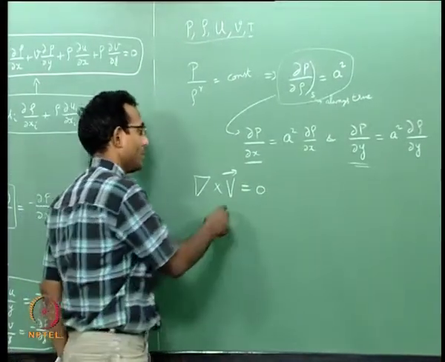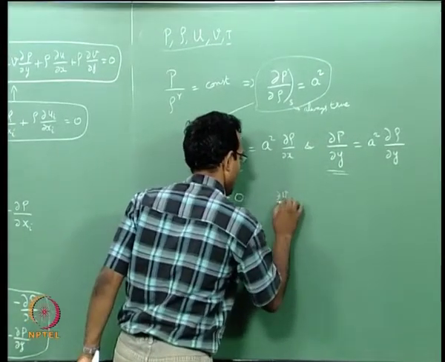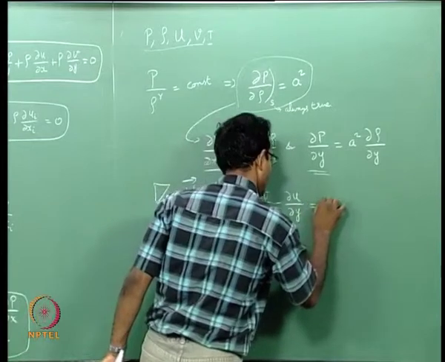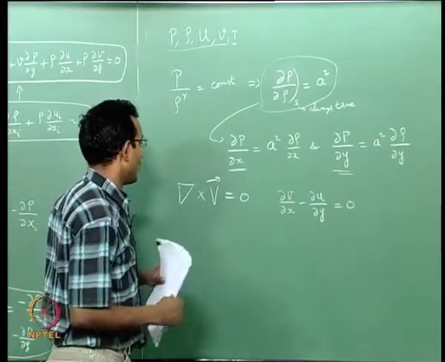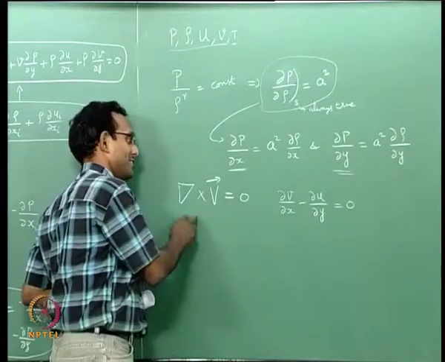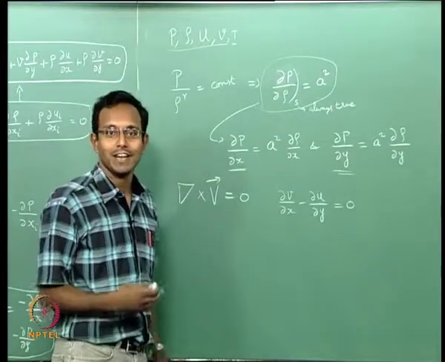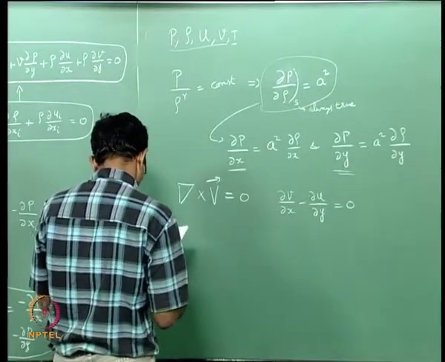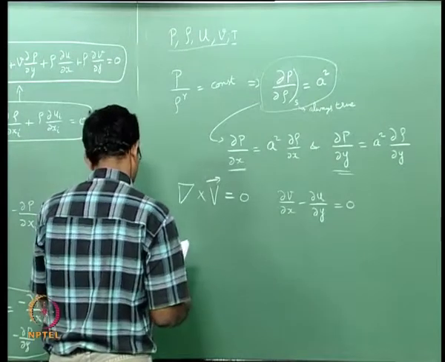Del cross V equal to 0 in 2 dimensions will just come out to be this relation. Now, if you are in fluid mechanics, you will immediately say that if there is an irrotational flow, my velocity field can be expressed as the gradient of a scalar field. So now I can rewrite my velocity field.